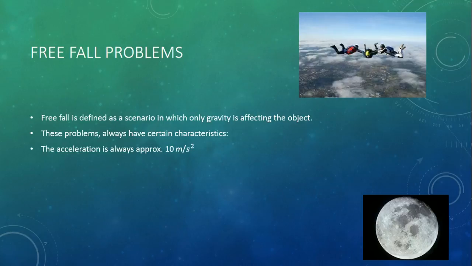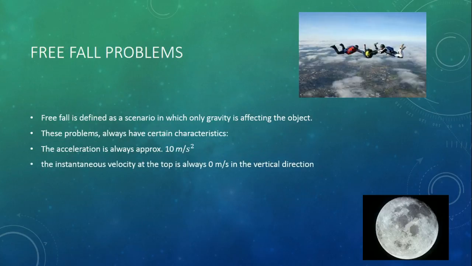So in certain classes, you can just call it 10 meters per second squared. So ask your teacher. But gravity is the only acceleration on any object in free fall. So it's always 10 meters per second squared.